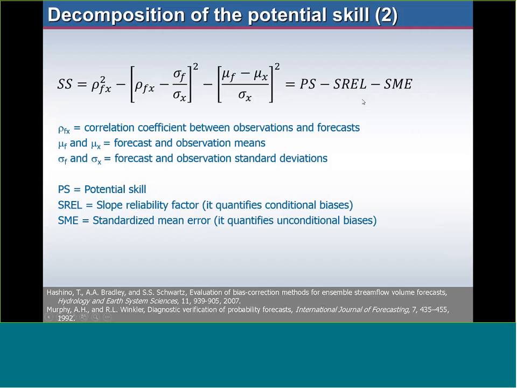You would see this as SREL, the slope reliability factor, which quantifies the presence of conditional biases, basically the sloping with respect to the 45-degree line. And then you have a standardized mean error, SME, which quantifies the biases or the offsets with respect to the one-to-one relationship. And so the results I'll show are stratified according to these four different metrics.